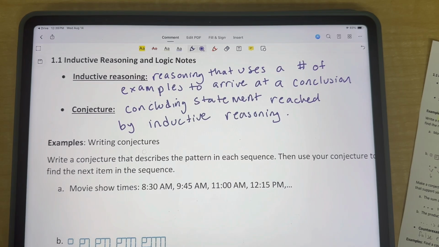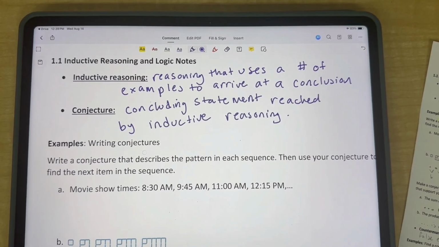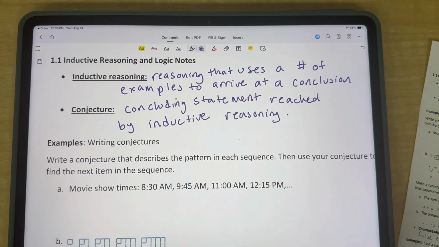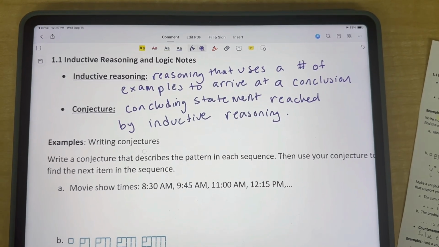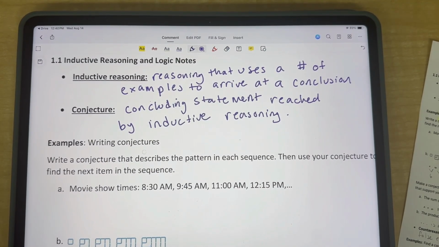So what you're going to do is be given a whole bunch of examples, and I'll say come up with a conjecture based off these examples. Inductive reasoning is just any thought process you have of what you came up with.